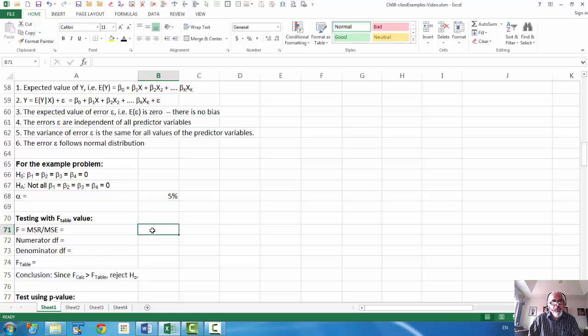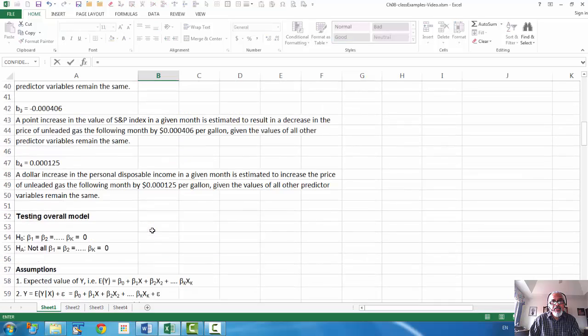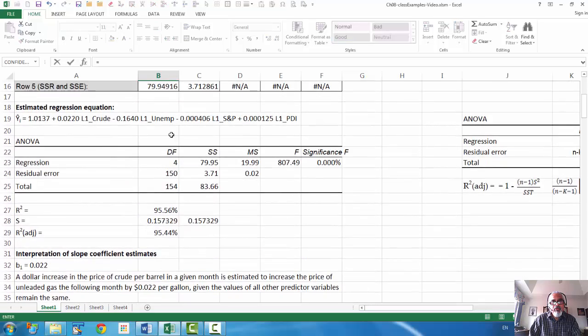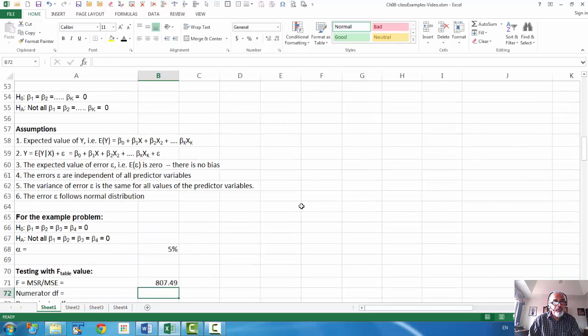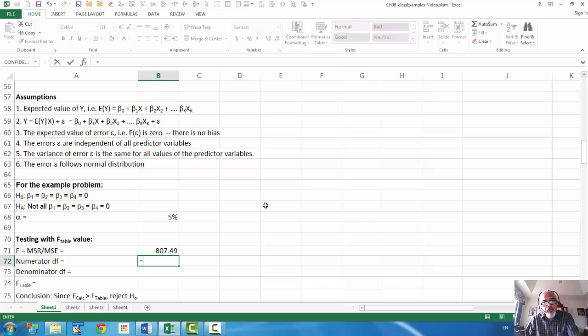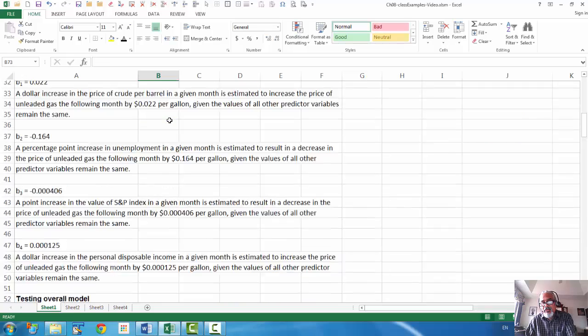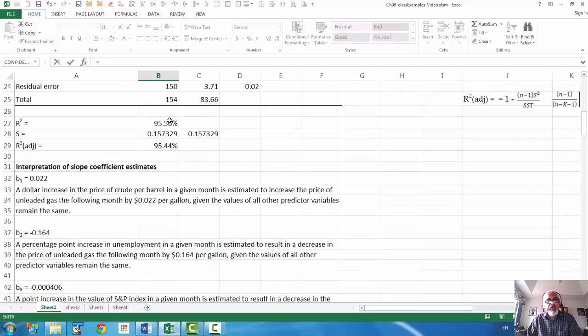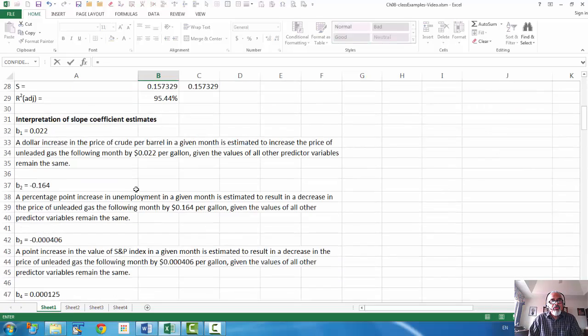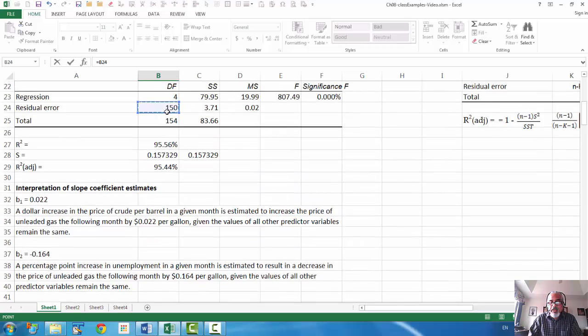We've already computed F, MSR over MSE, back up here in the ANOVA table. That's our F calculated value. Then we have the numerator degrees of freedom, which is that, and the denominator degrees of freedom, which is that.